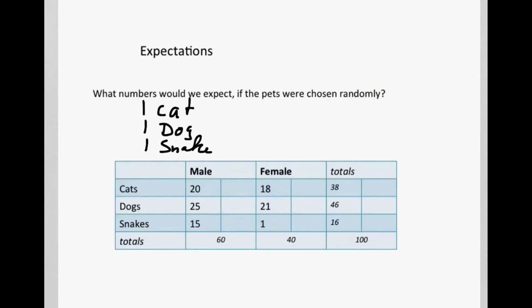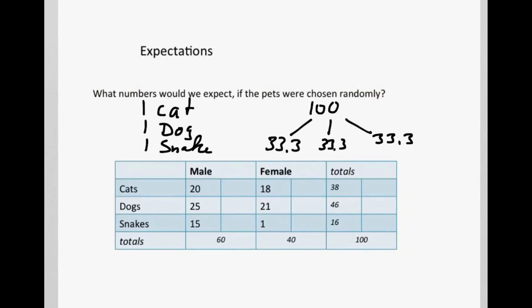And if we have 100 people doing exactly the same, it would be similarly distributed, so we would have 33.3% liking cats, 33.3 dogs, and 33.3 snakes. So this would be in our totals here.